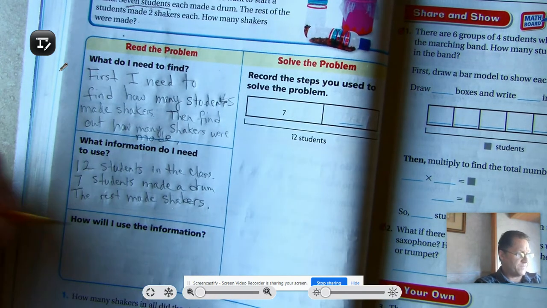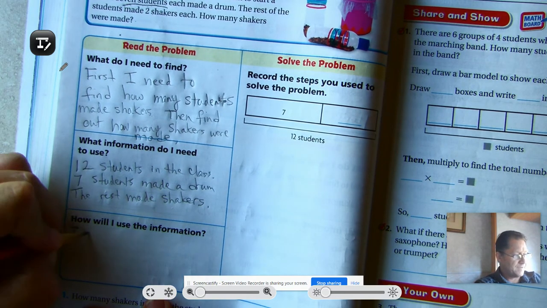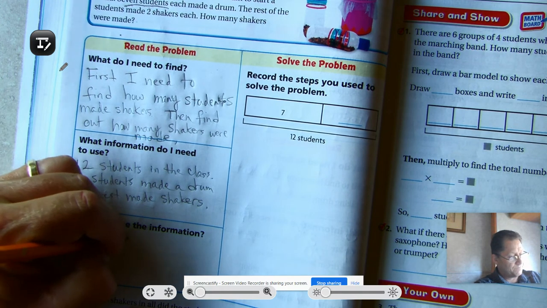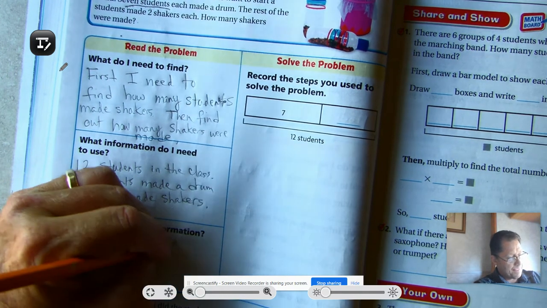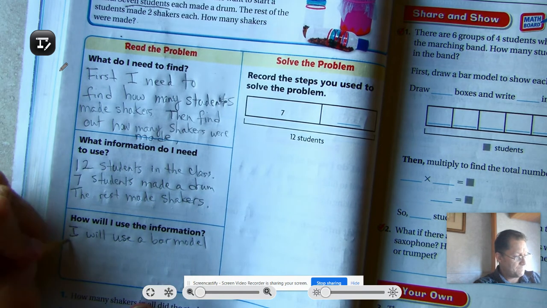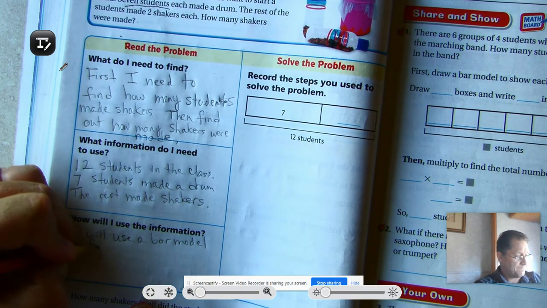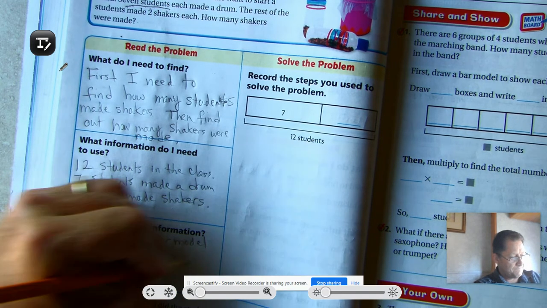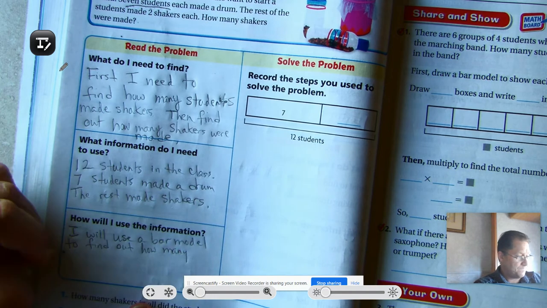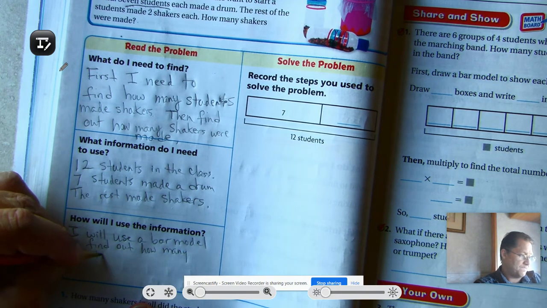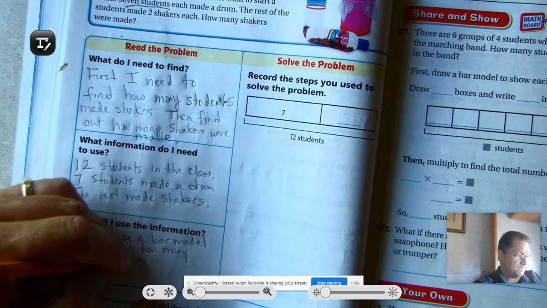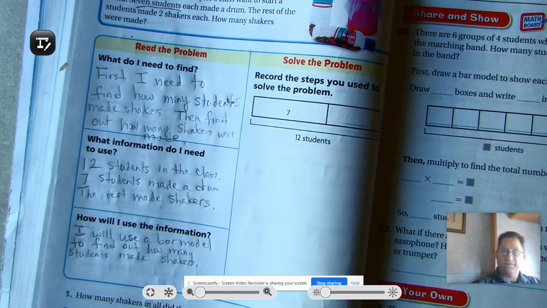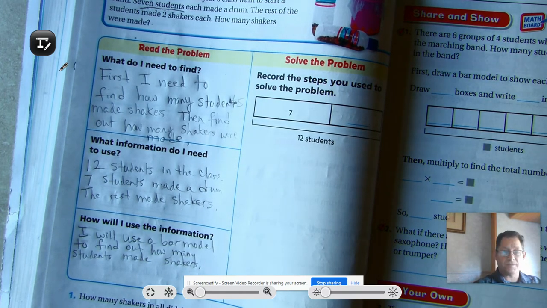Okay, so how do I use the information? We can use a bar model, since that is what we're practicing in this lesson. We're going to first use the bar model to find out how many students made shakers.